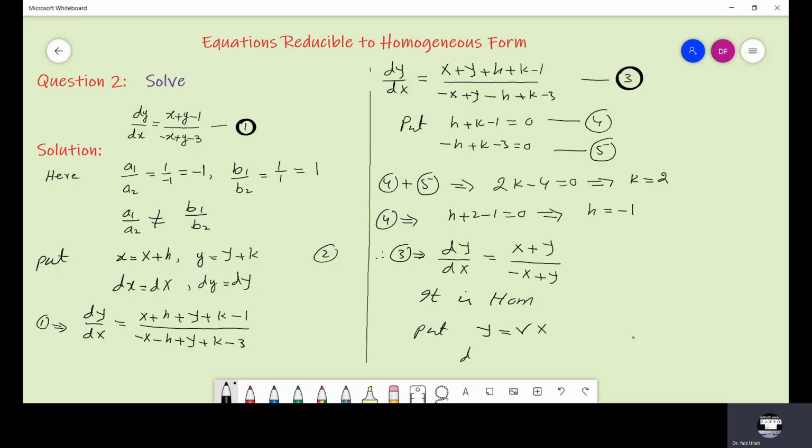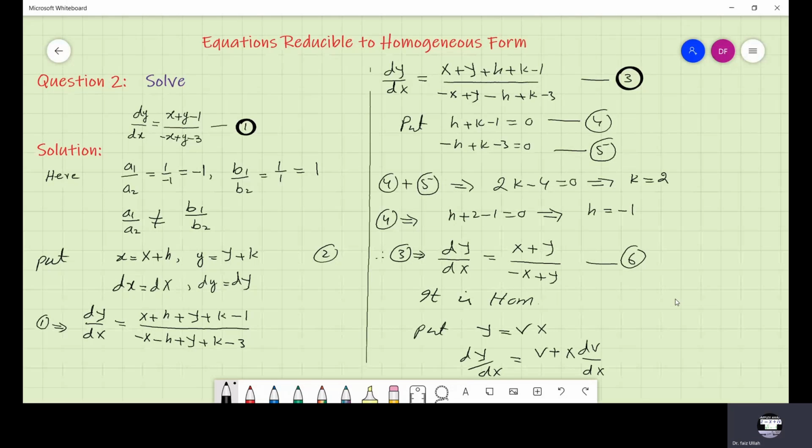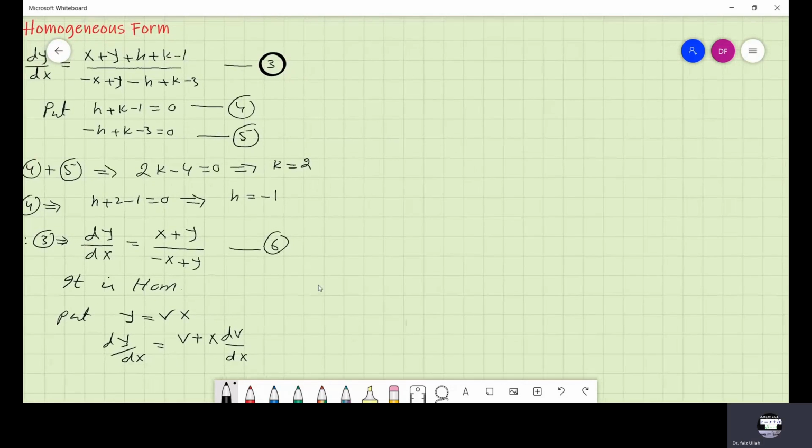From here we get that dy over dx is equal to v plus x dv divided by dx. So putting these values in equation number 6, we get.